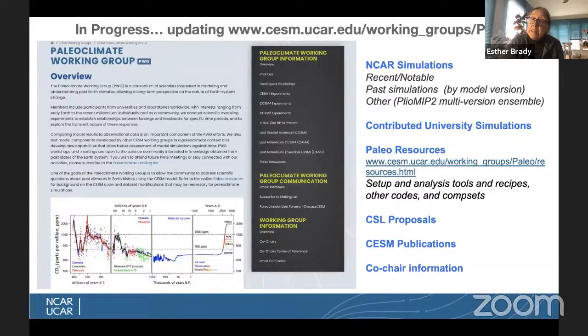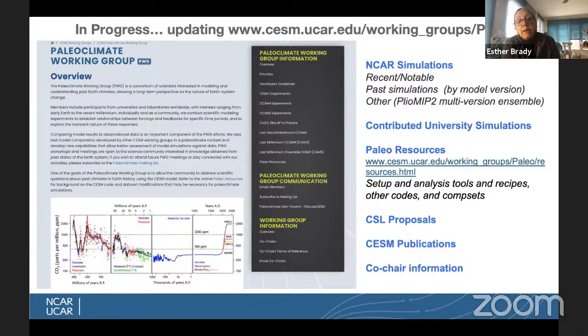Also our past simulations that people may still be interested in, and these would be organized by model version. And then any other notable simulations that are available to the community, such as the PLIOMIP2 multi-model ensemble that is documented in that paper by Ran Feng. And then below that, we would like to see if people in the community are interested in having some links to their own work.